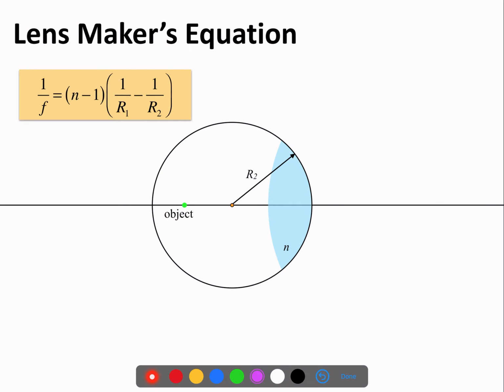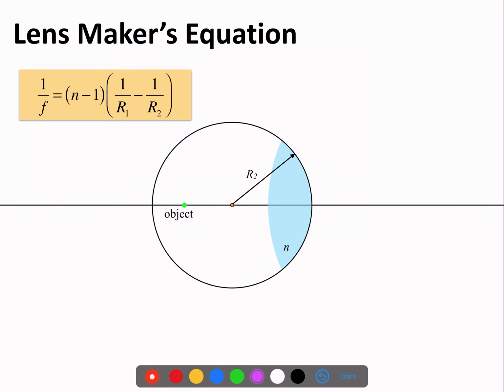When we're talking about radius 2, that's the radius of this circle. Obviously if you make the circle smaller, that's going to make the lens more bulgy. If you make the circle bigger, that's going to make the lens less bulgy. So if you wanted to make, let's say, one side of your lens completely flat, what would the radius be? Okay, so you want to make it bigger and bigger and bigger. That means for a flat surface, you have a radius of infinity.